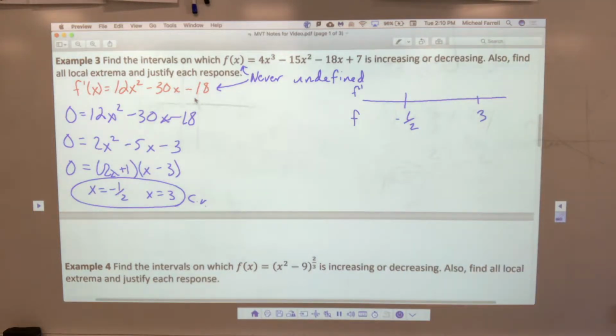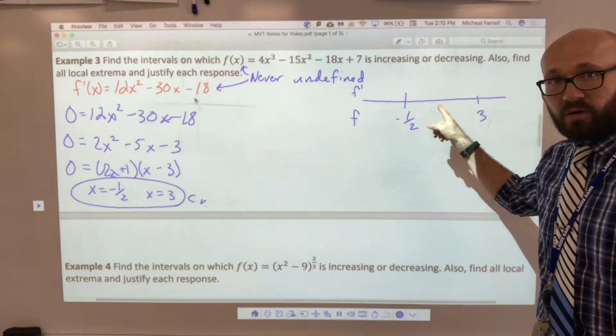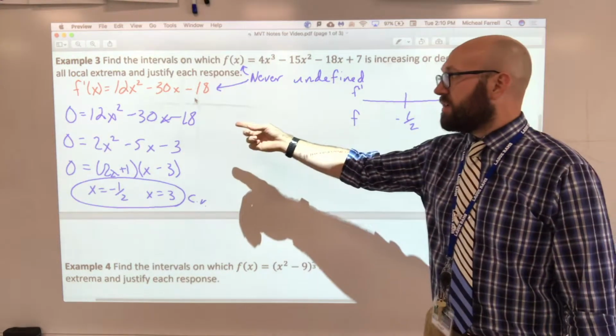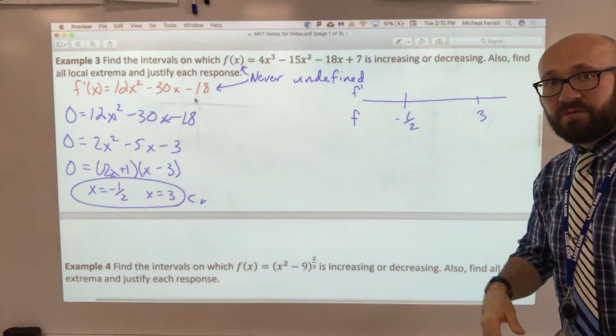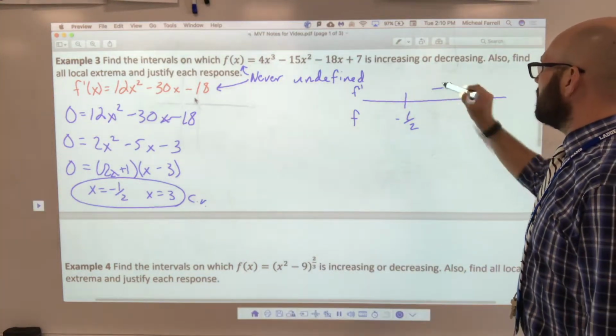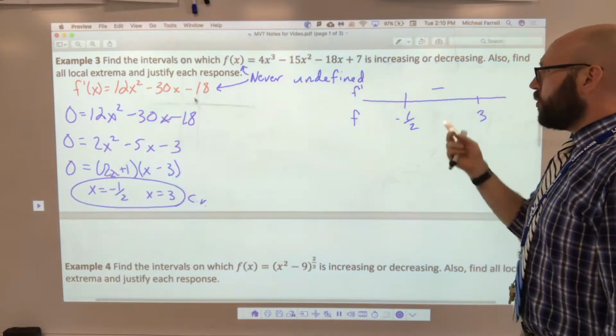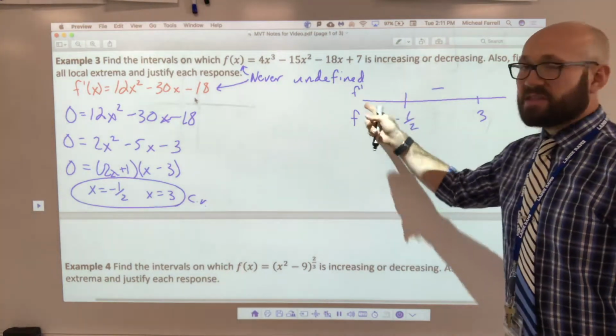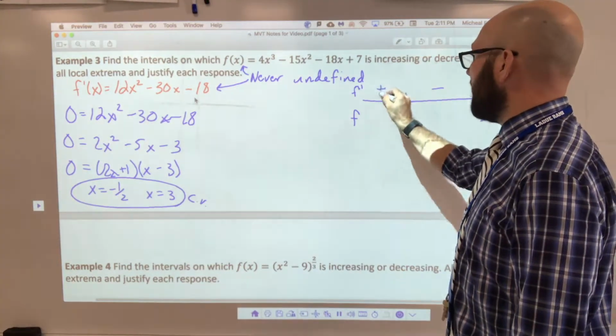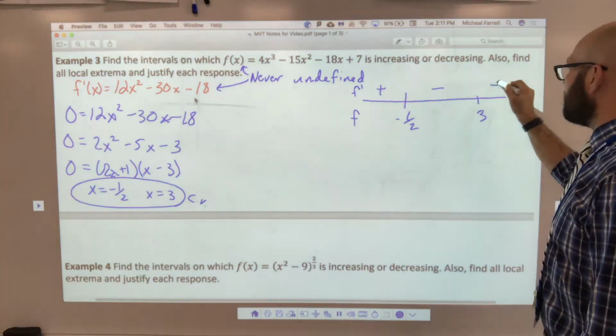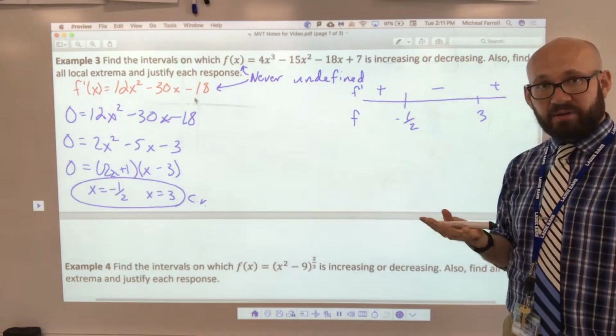So when I look at f prime, if I use a test value, say a test value of 0, if I plug in 0 into the derivative, I get a negative value for the derivative. So I'm going to plug that in. And when I plug in any value less than -1/2, I get a positive value for the derivative, and a positive value for the derivative when I plug in any number greater than 3.